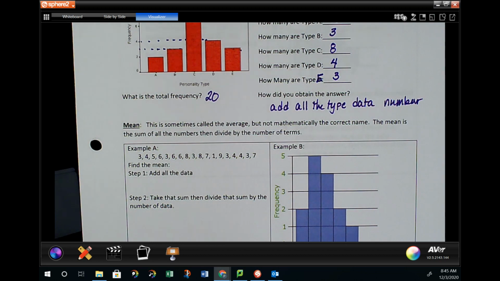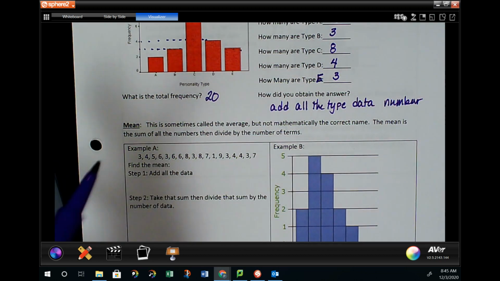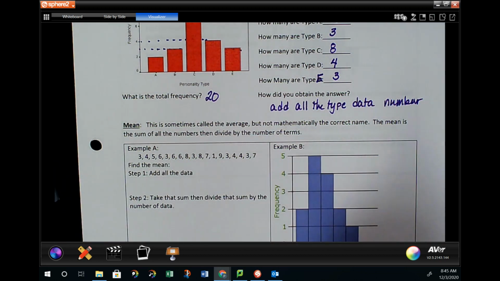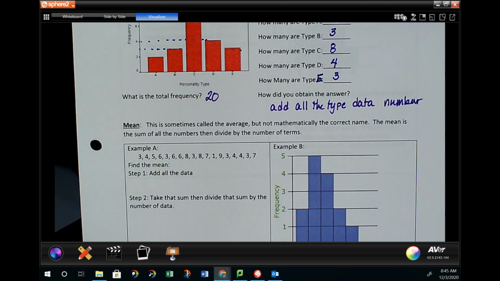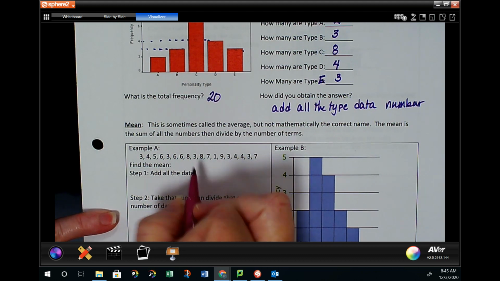That's what the average is, because you're finding kind of that middle area. And sometimes it's best to use a mean, sometimes it's best to use a mode, sometimes it's best to use a median. And that's what we're going to study in this particular unit when we're studying the effects of changes.